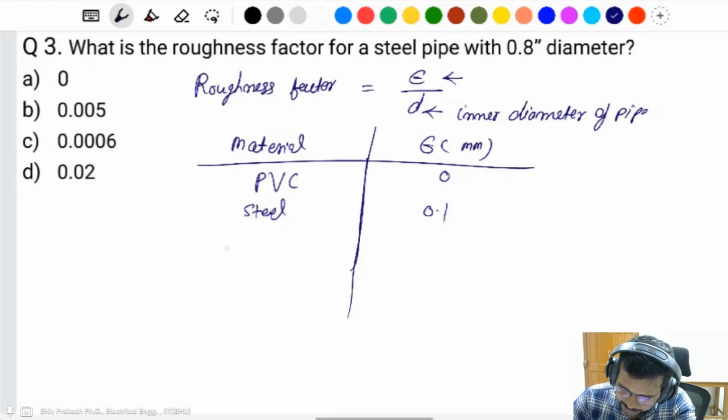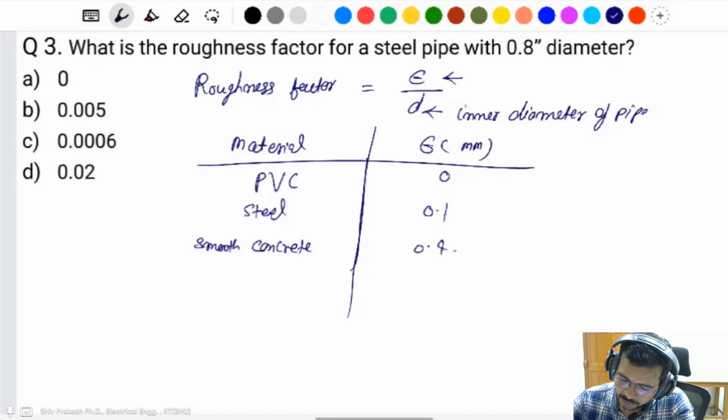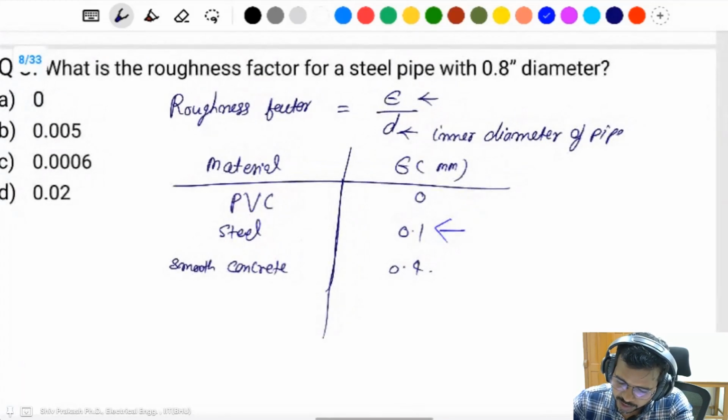For smooth concrete it is 0.4. So epsilon is 0.1 for the steel, and they are asking about steel. This will be 0.1 mm. Epsilon for steel is 0.1 mm.